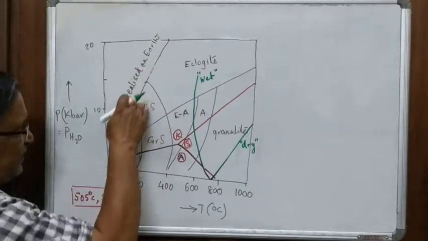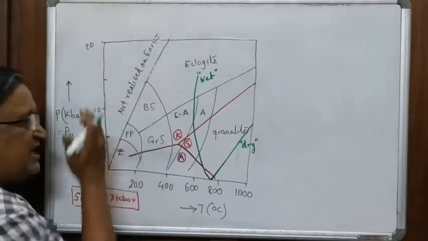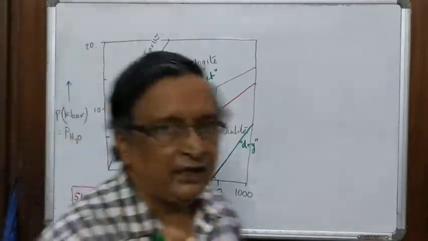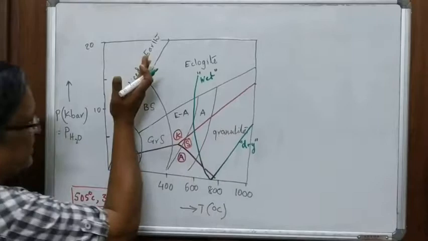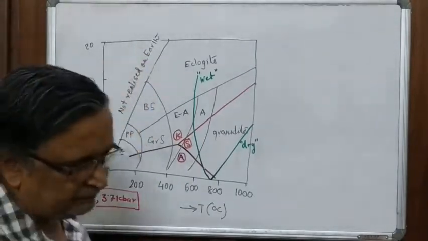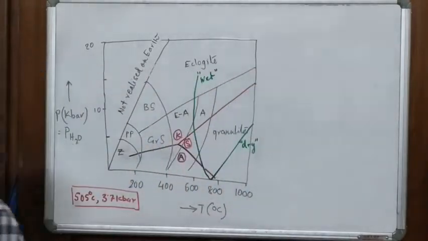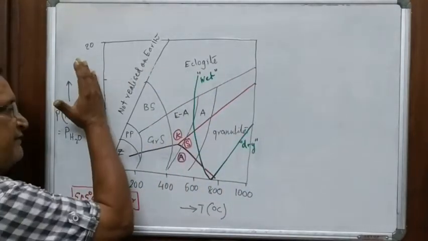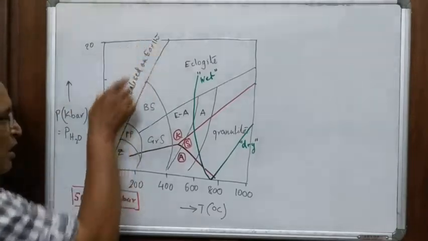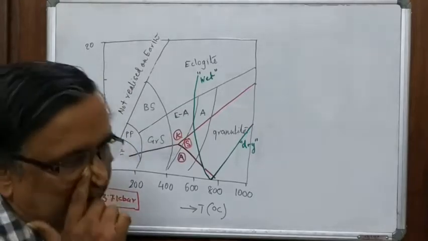And on this line here, there are no pressure-temperature conditions yet recorded on the earth to the left of the diagram, and so it's written not realized on earth. No metamorphic pressure-temperature has been numerically determined on the left side, or the lower temperature part, of this diagram. So effectively this part is not our domain.